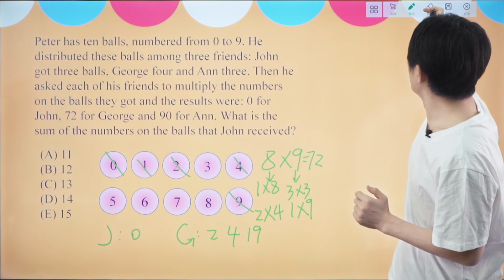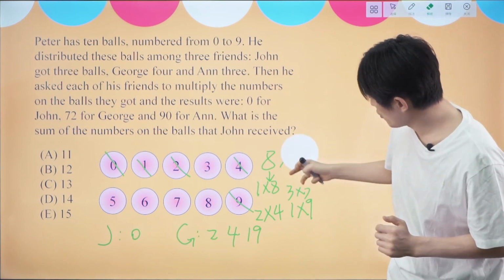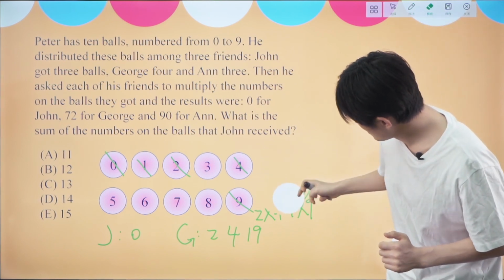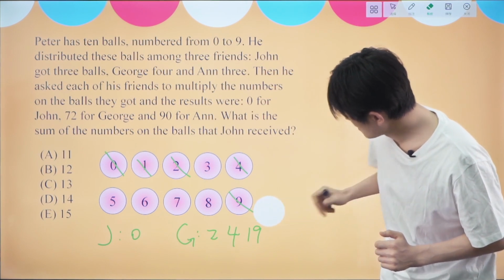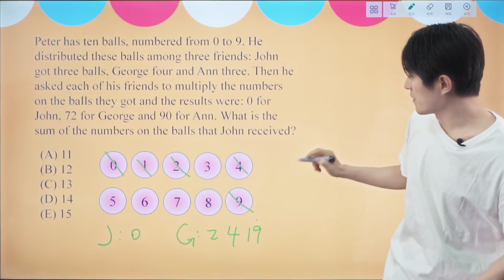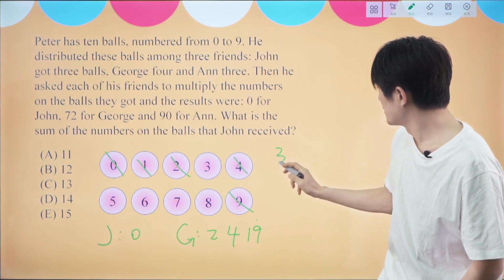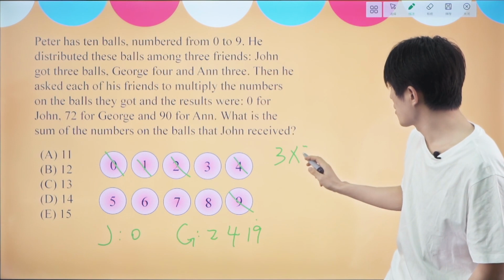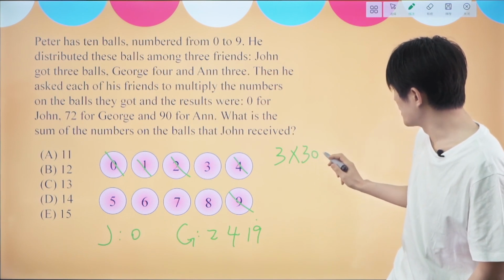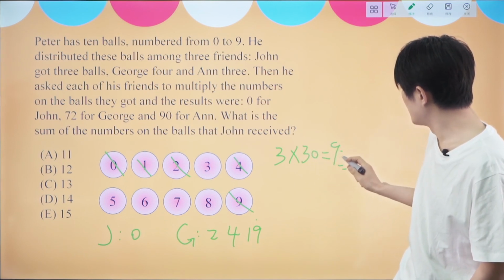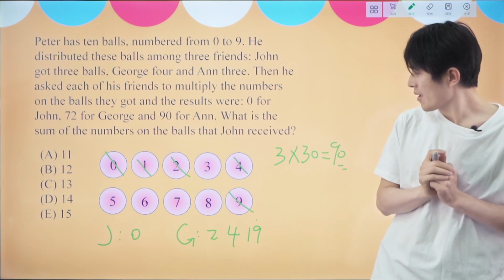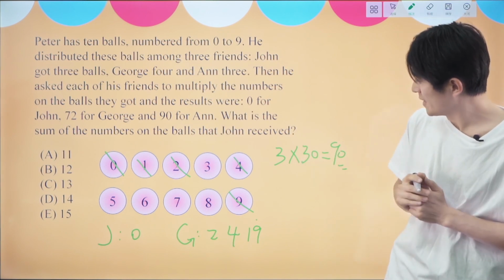So we can say goodbye to those numbers. Okay, so here we go. We can try this. So 3 times 30 is 90. And we have 3.